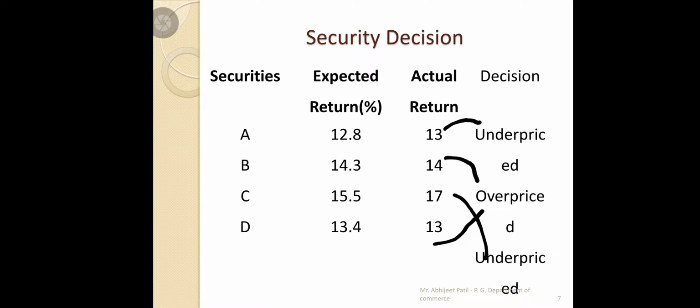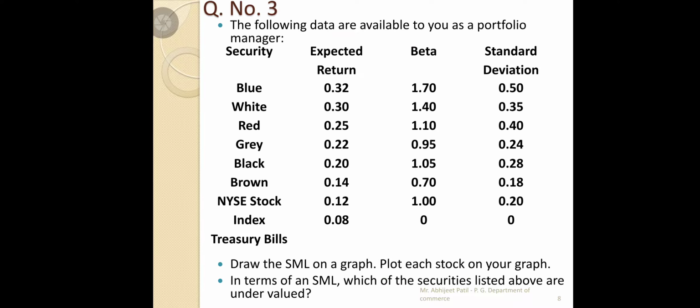You should remember these rules when you have to decide which securities are overvalued and undervalued. So that is how we handle question number 2, calculating expected rate of return and taking the decisions.